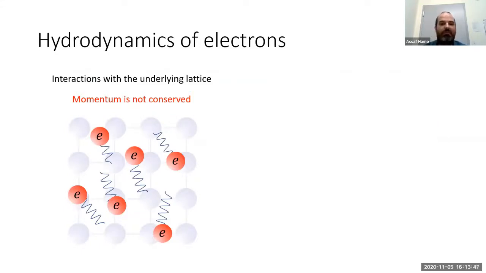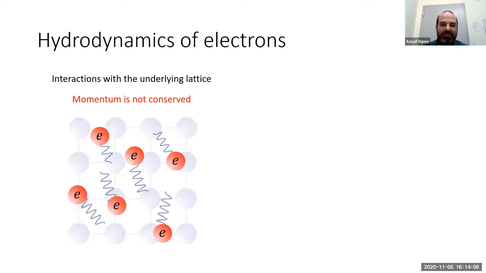This is the most common interaction of the electrons in a conductor. This can be in two different ways. One is interaction with impurities, imperfections in the lattice, or interaction with the vibrations of the lattice, also known as phonons.